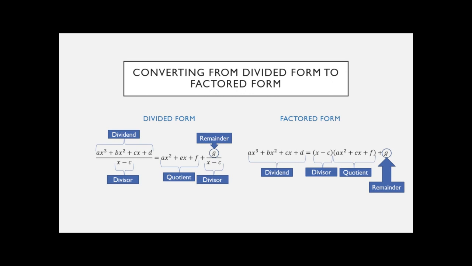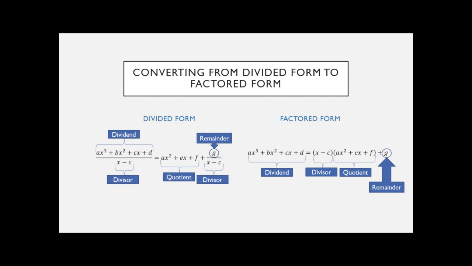What we're factoring out is the divisor. We multiply that by the quotient, whatever had no remainder, and then we add our remainder at the end. So it's just a different way of writing our answer. These are equivalent, but it depends on what the question is asking you for, whether they want you to just divide or to factor. So you need to pay attention to the vocabulary because it tells you what form you're putting it in.